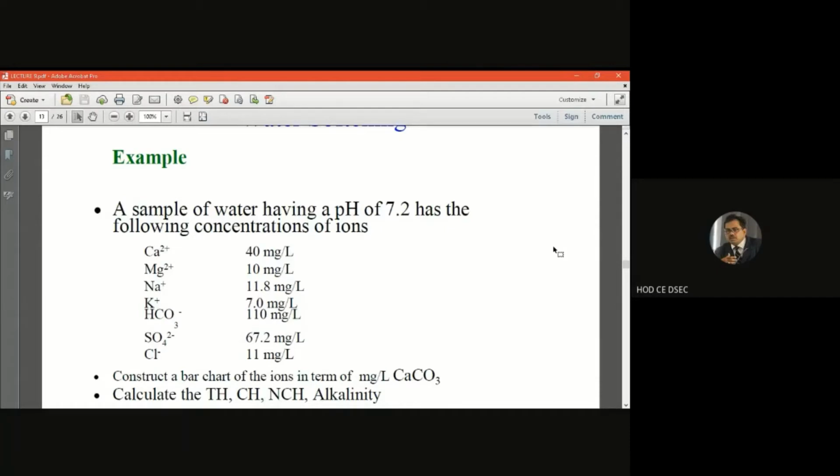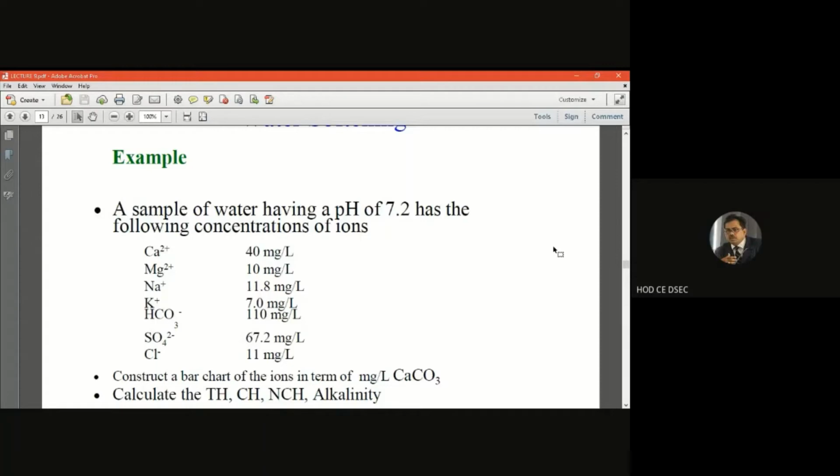One is hardness and alkalinity, and another is pH. All these are chemical quality parameters in drinking water that we discussed in the last 7th and 8th lectures. So today I will discuss the numerical part and the solution.